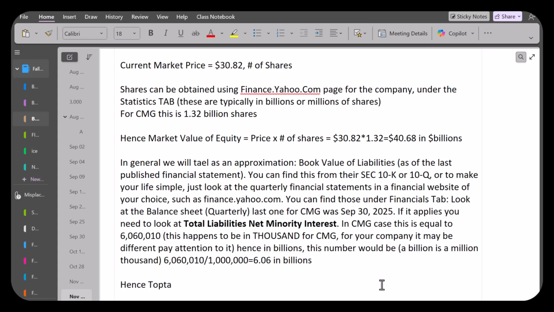hence total market value of assets is equal to market value of equity plus market value of debt.